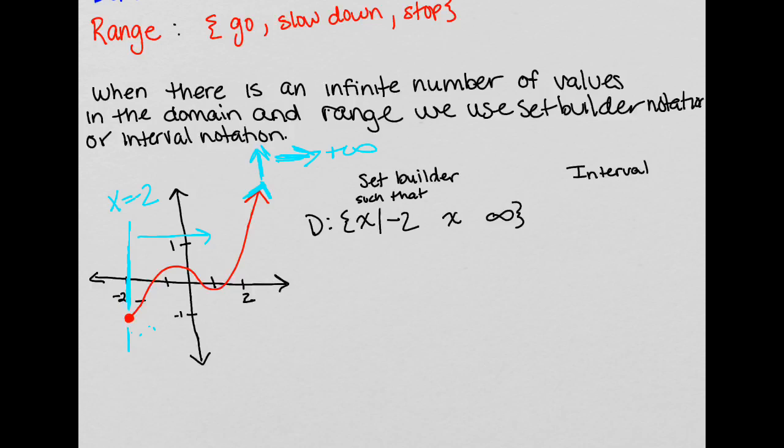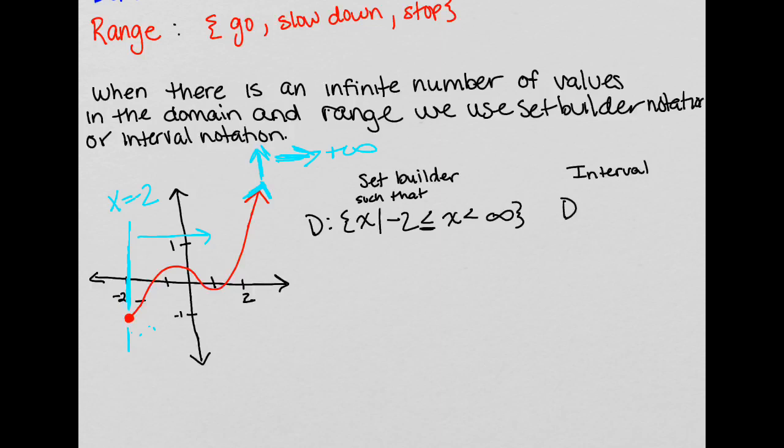So -2 is the smallest value, so it is going to be less than x, and infinity is the greatest value, so x is less than infinity. -2 is part of the domain, so we have to include it. So it's less than or equal to. Now, infinity, you might think we are going to include it, but there's this rule: we never include infinity. It's not an actual number, really, so we don't include it.